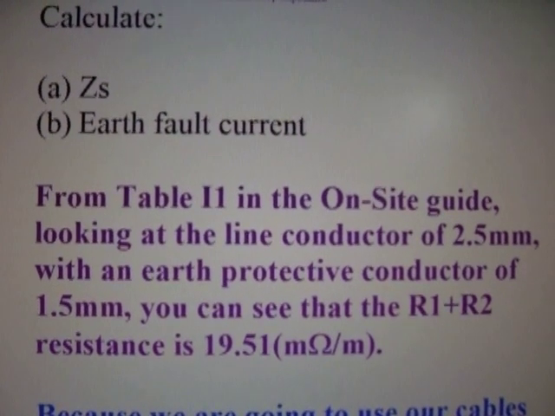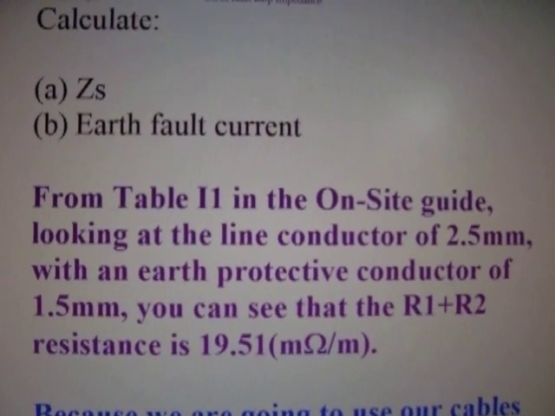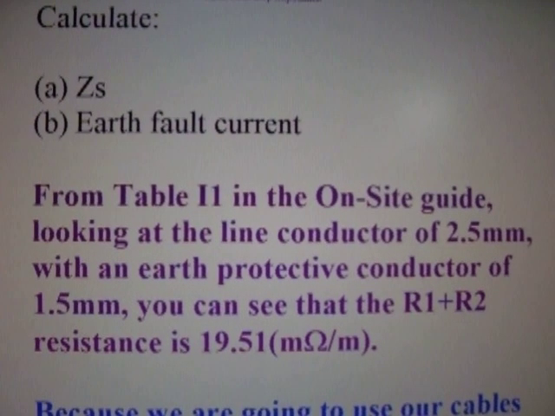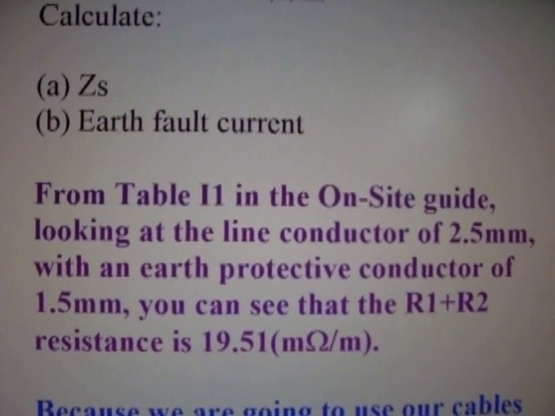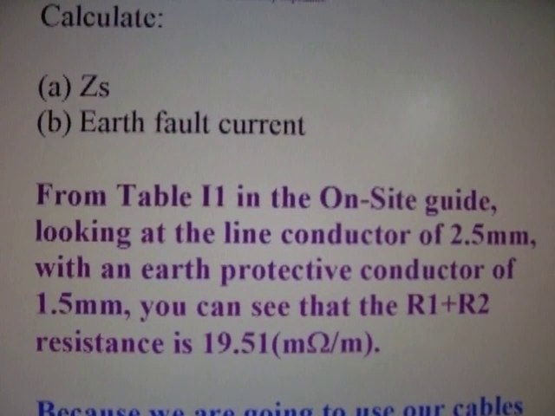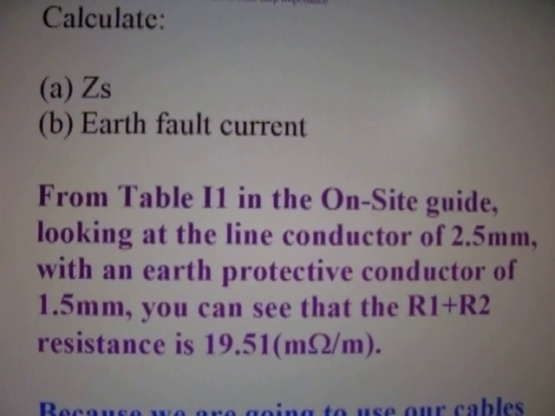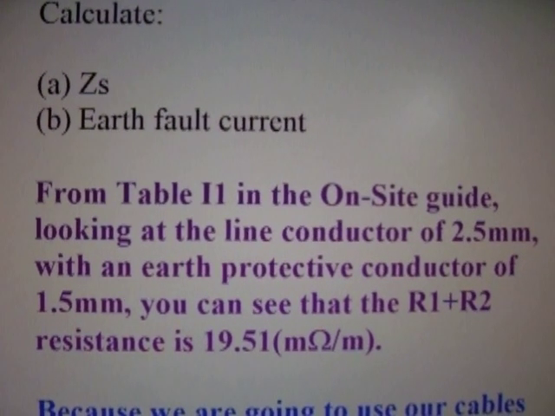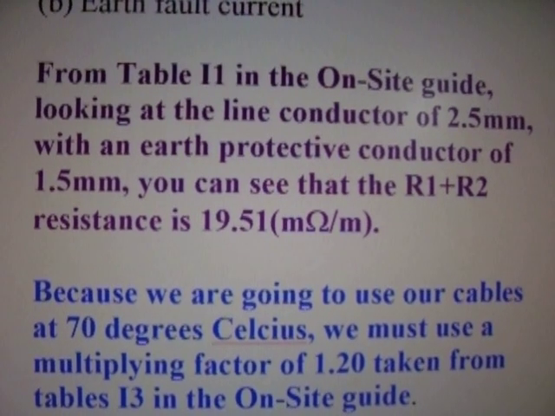Now from table I1 in the on-site guide, looking at the line conductor of 2.5 millimeters with a protective conductor of 1.5 millimeters, you can see that the R1 plus R2 resistance is 19.51 ohms per meter.